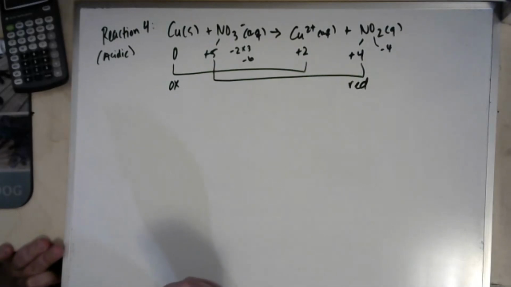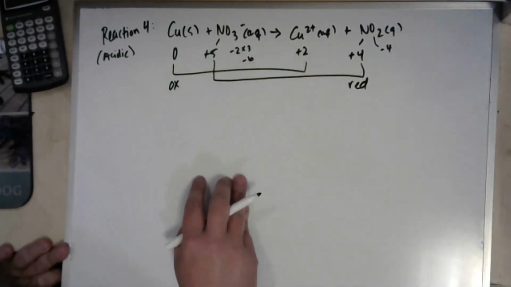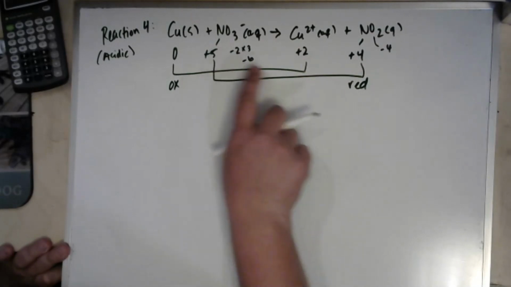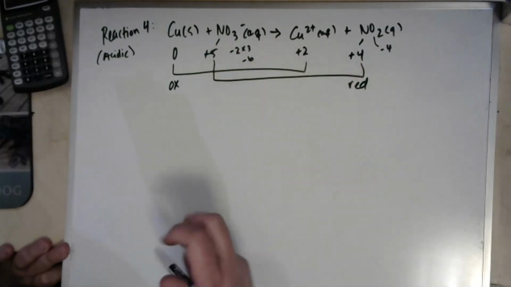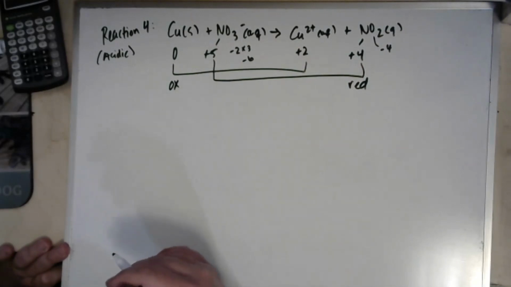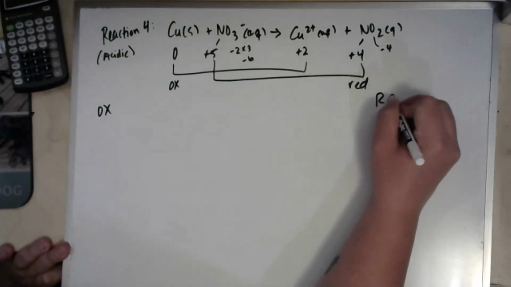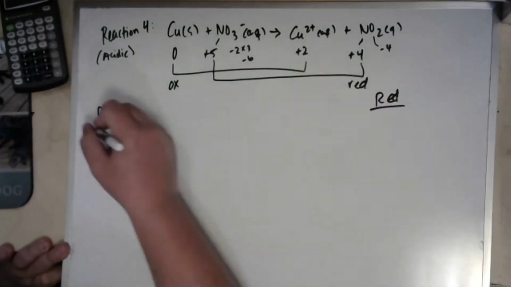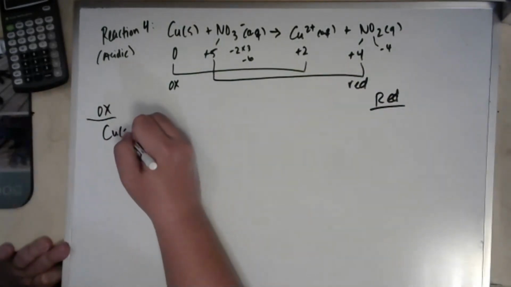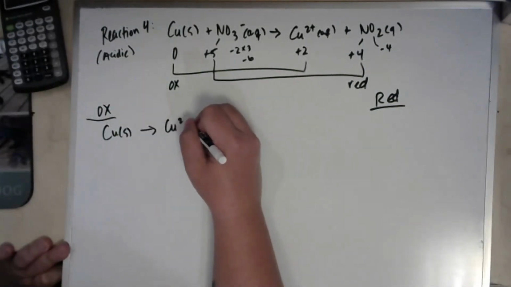Hopefully we see how that went. We went from 0 to +2 with the copper, that's oxidation. We went from +5 to +4 for the nitrogen, that's reduction. Our oxygen just stayed at -2. So we'll do the oxidation half reaction first.